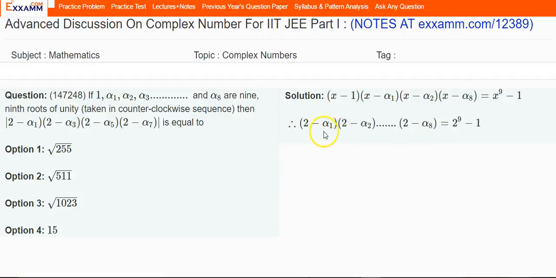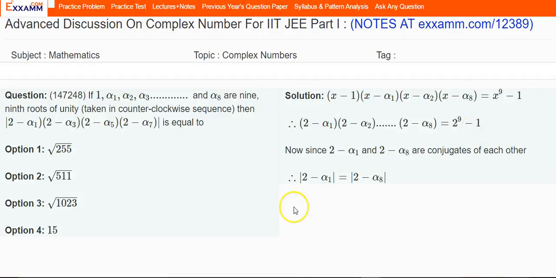We get 2 minus alpha 1, 2 minus alpha 3, 2 minus alpha 5, 2 minus alpha 7, whole square. Because the other terms are also equal to this product, the whole square of this is equal to 2 to the power n minus 1.